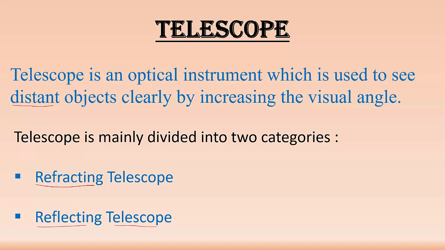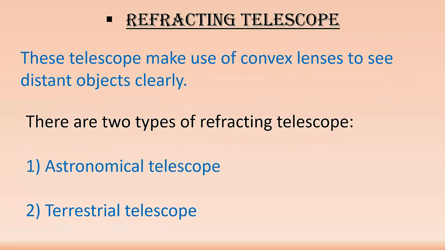Now let us concentrate on the refracting telescope. The refracting telescope makes use of convex lenses to see distant objects clearly. A convex lens is thicker at the center than at the edges. These convex lenses are also called converging lenses because when light falls on a convex lens, refraction of light takes place twice.